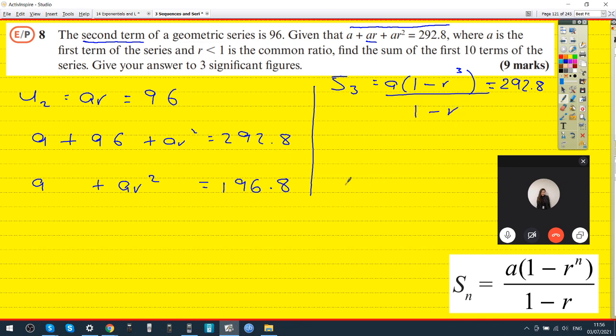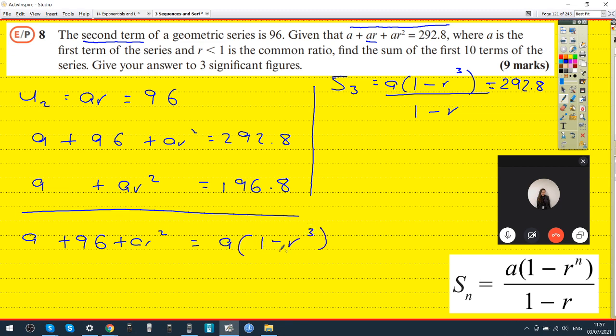Okay, so is that two different equations for the same thing? Well, what do you mean by that? So this is 292.8. This is 292.8. So they're both equal to the same thing. Oh, could you make them equal to each other then? A plus 96 plus AR squared, and A 1 minus R cubed over 1 minus R. Is this a second equation or is it just the same thing?